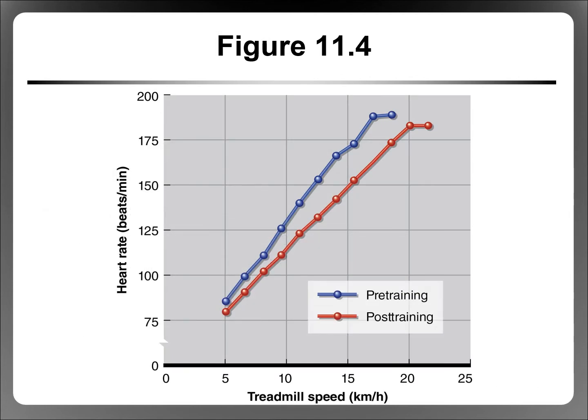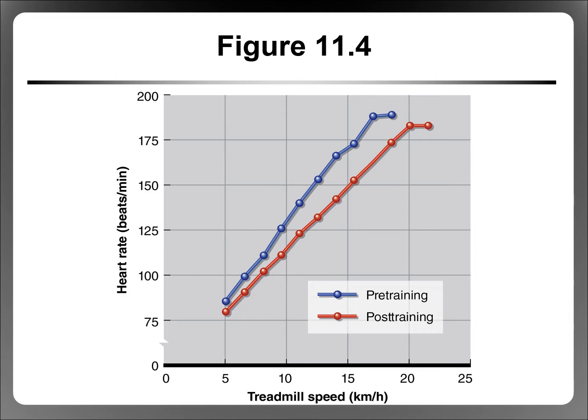Right, so here is another example of this theory in action. We have pre-training in blue and post-training in red. We notice in both of these cases, there is still a maximal heart rate for this individual, somewhere around, we will call it 190-ish beats per minute.